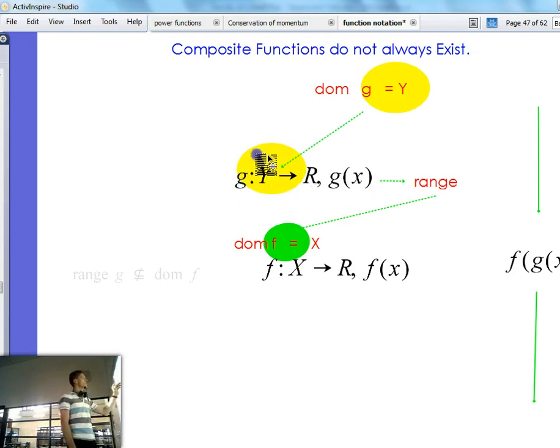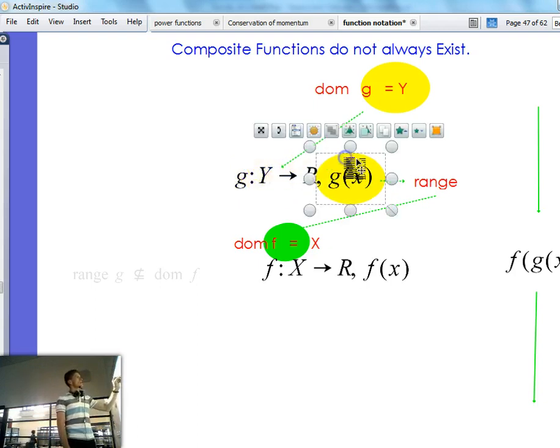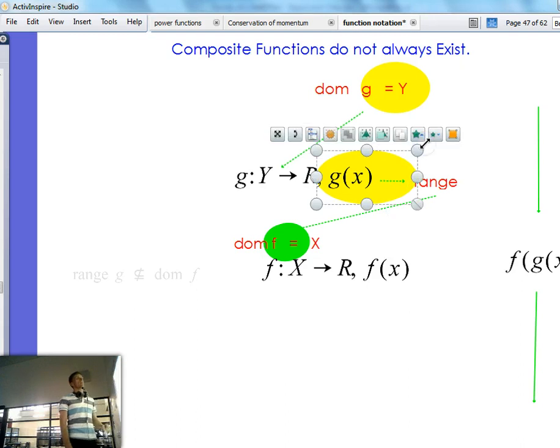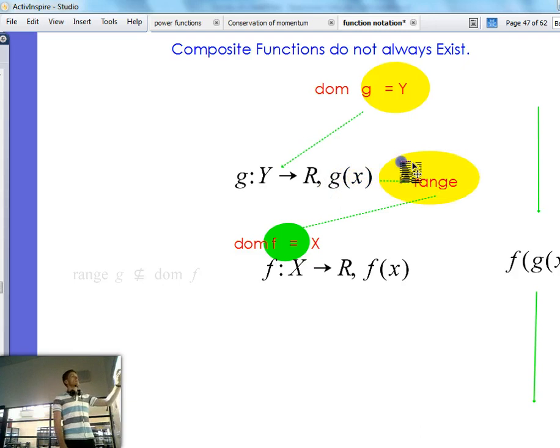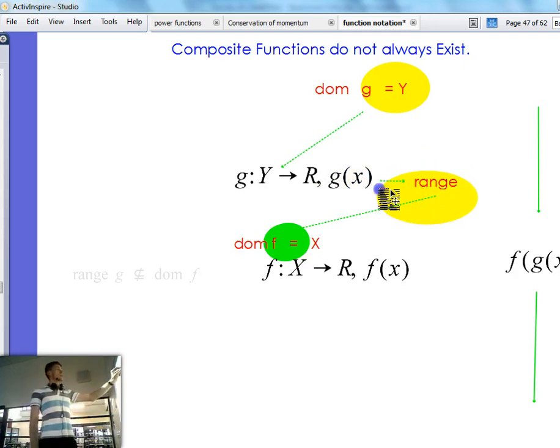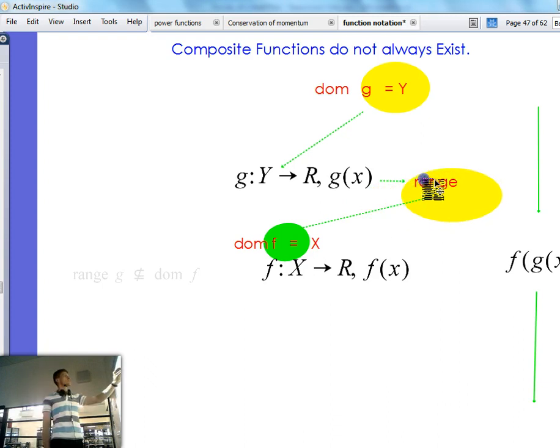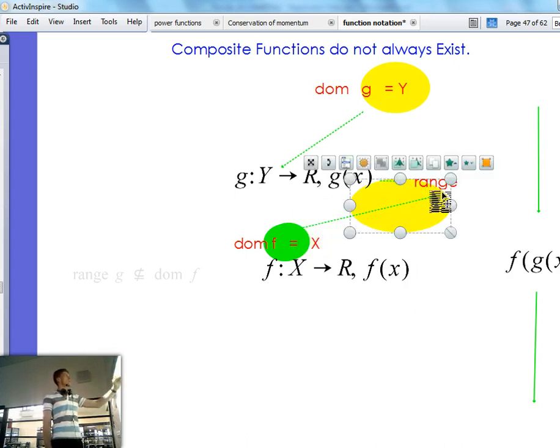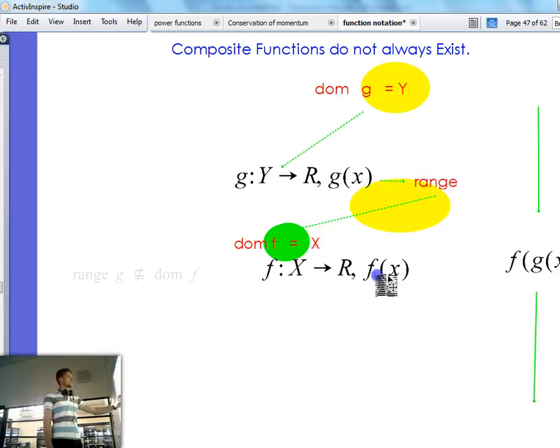When it gets put into the g function, it gets mapped into a different set, sometimes a larger set, and that becomes the range. So this range now, when we're trying to construct the composite function f of g of x, and we're trying to substitute our g function into our f function, we need that range of values to be able to fit in the box.